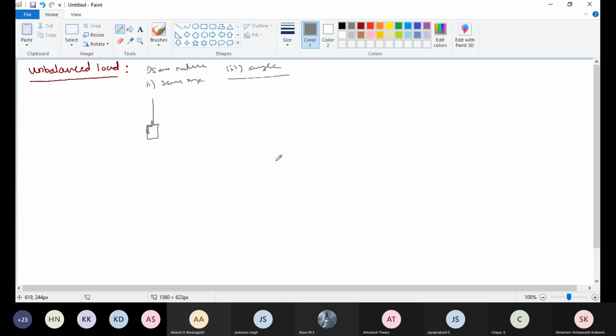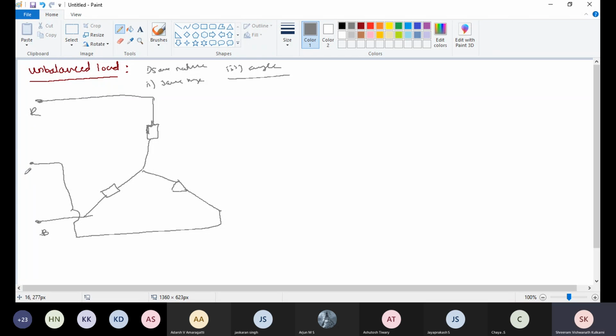Now, see, example we take this one. This is a star connected load, R, Y, B. Now, Z phase 1, 2, 3, all this one as an unbalanced load. First, the magnitude has to be different.